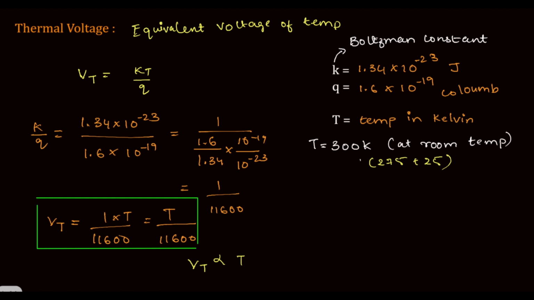So this will always be a constant, and Vt will be directly proportional to T. We have learned that it is directly proportional, and we will try to learn how the graph will be formed.